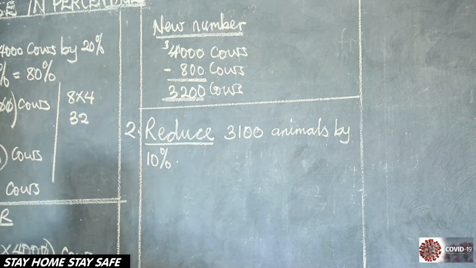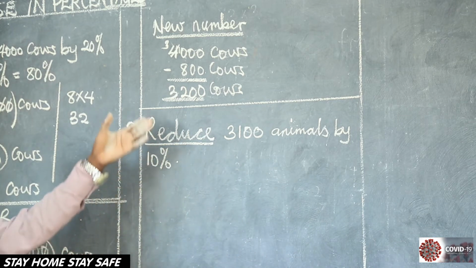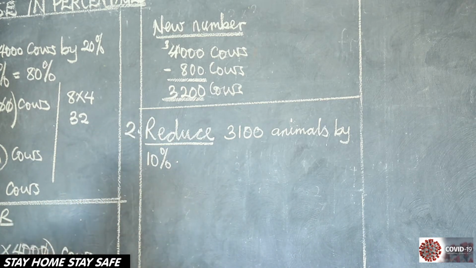Reduce 3,100 animals by 10%. Okay? I think you have already now chosen the method which you can use to work out this.